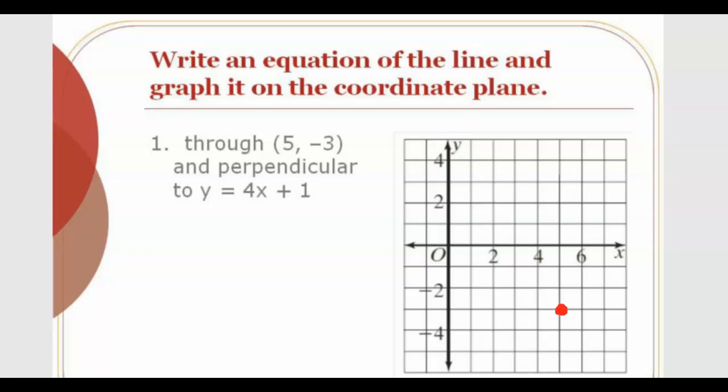It's perpendicular to 4x plus 1, which means my slope is -1/4. This plus 1 means absolutely nothing. It is part of the original equation.